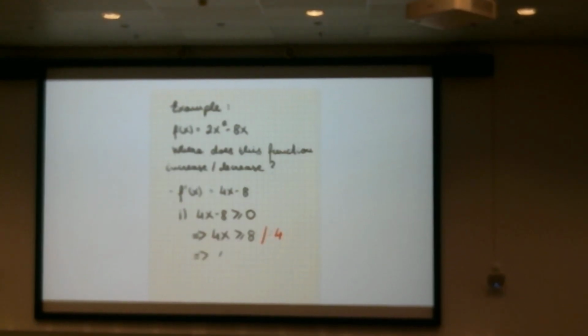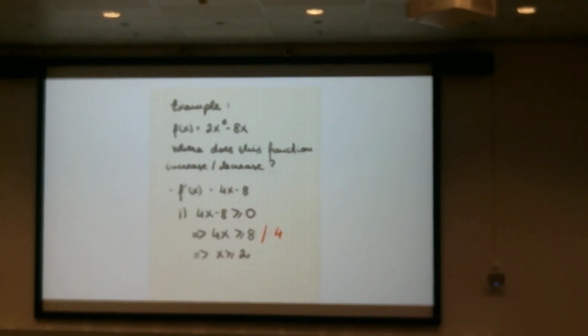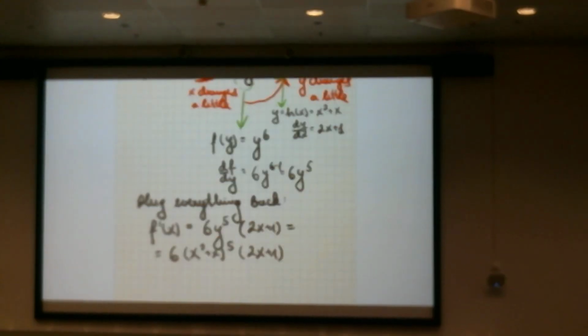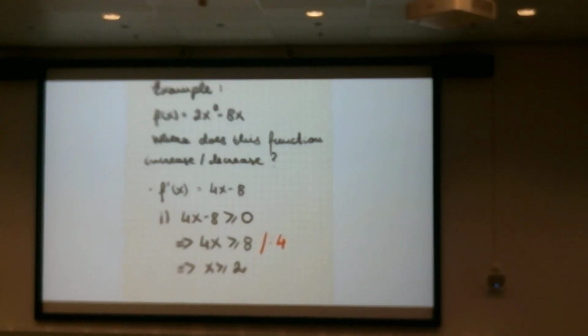It's a linear inequality. We can just move 8 to the other side, and we can divide both sides by 4. Which means that if x is greater or equal to 2, then the function is increasing. When it's exactly equal to 2, then the function is neither increasing nor decreasing. So when I'm asking you to find the interval where the function is increasing or decreasing, it doesn't really matter.